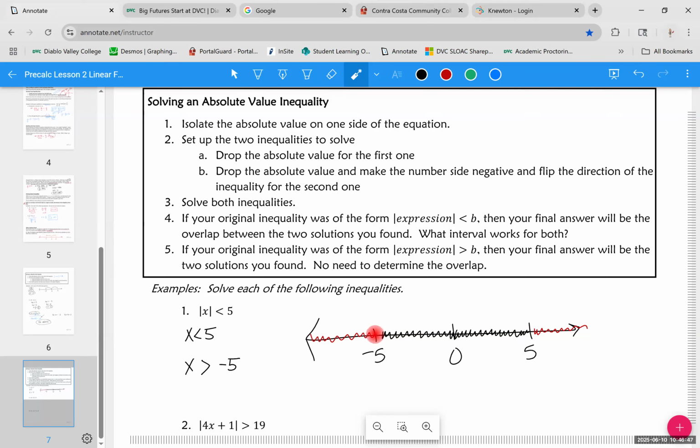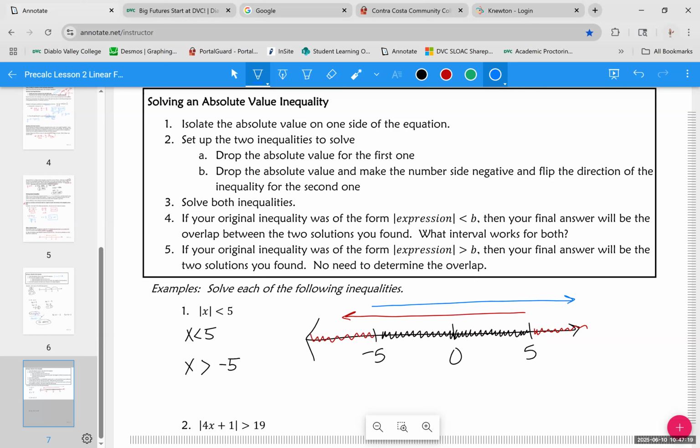And you'll notice that we're cutting it off because, in this situation, when you started out with a less than, which is what we did, the absolute value was less than a number, my final answer will be the overlap between the 2 solutions you found. So the solutions I found were less than 5, which would go on forever, and greater than -5.